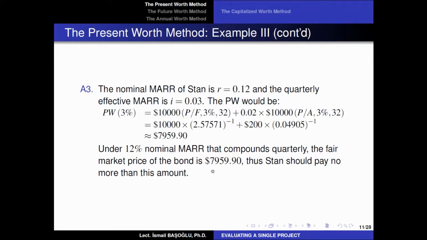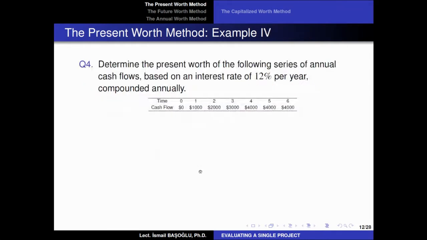If he pays more than this amount for that bond, he is going to experience a lower rate of return from that investment. So that is the maximum amount that he will be willing to pay for that bond.